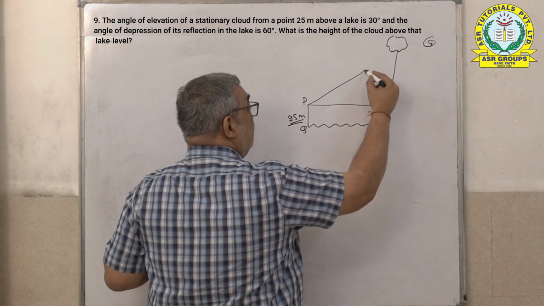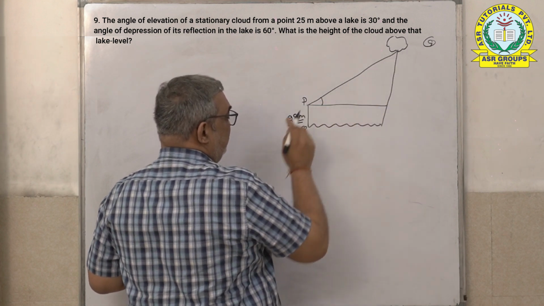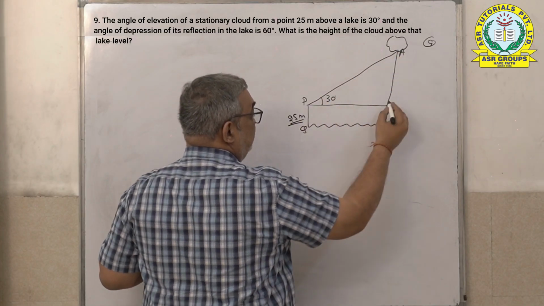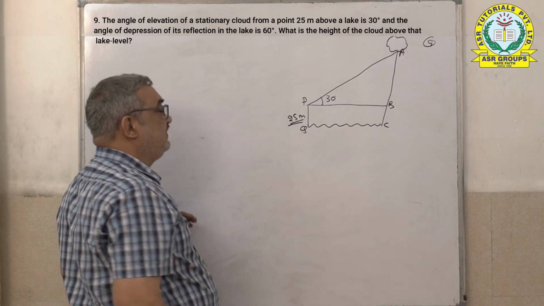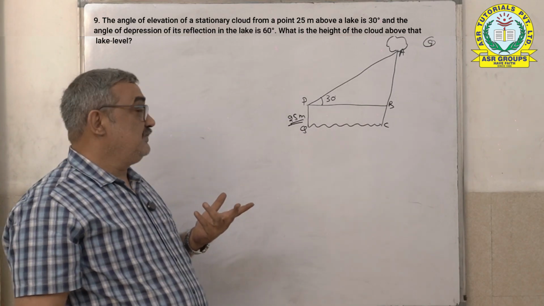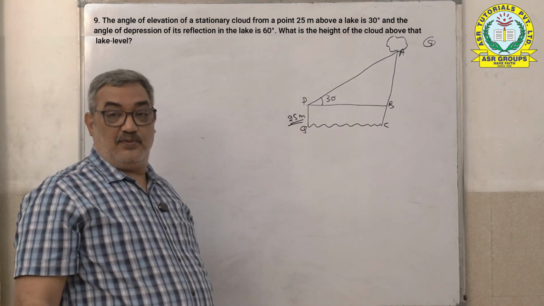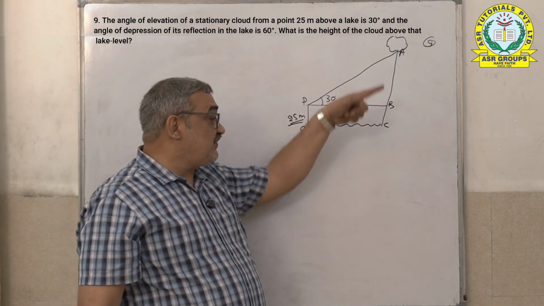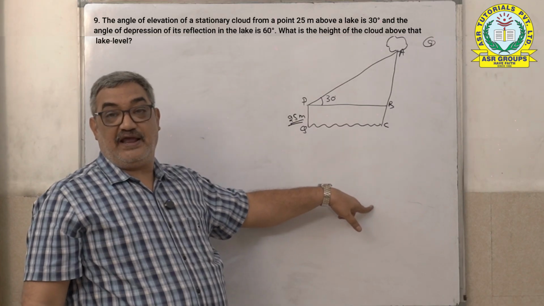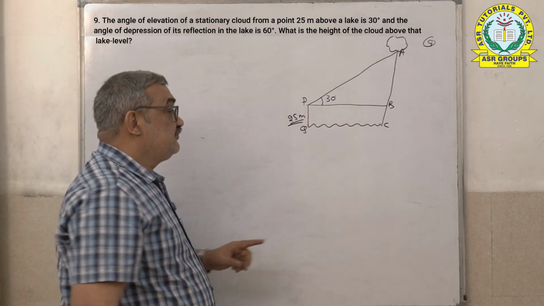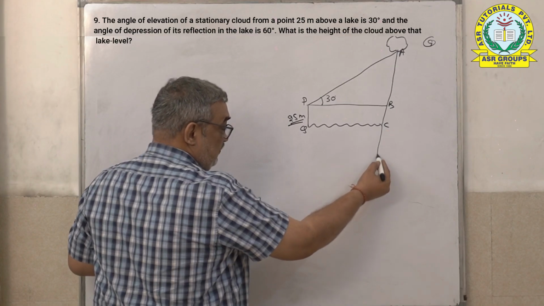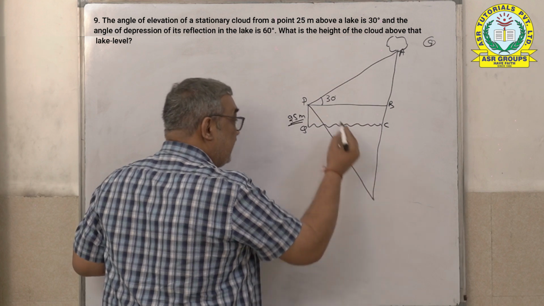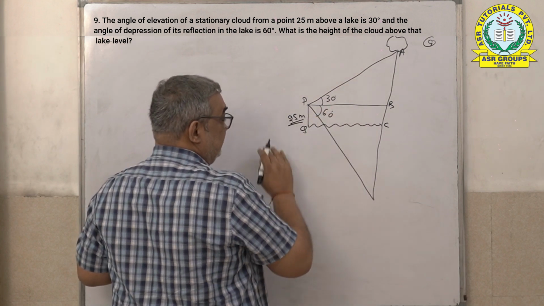When he saw the cloud, angle of elevation was 30. He was sad. I don't know why. Then he looked below. Here's water. So he saw the image of the cloud. Physics applies. So he saw the image down, and then angle of depression is 60.